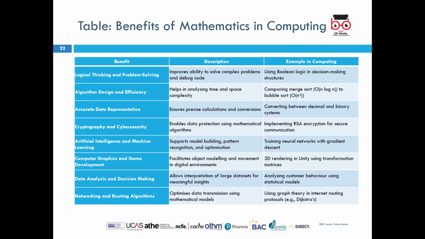Networking and routing algorithms optimize data transmission using mathematical models. Using graph theory in internet routing protocols, such as Dijkstra's algorithm, is an example in computing. So here are some of the benefits and the examples which we can note down.